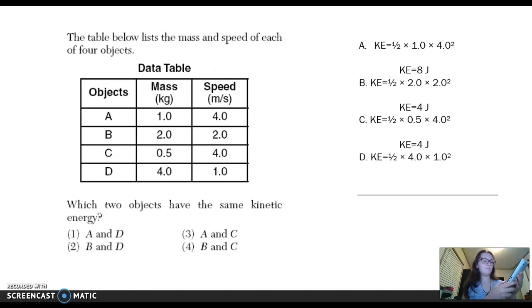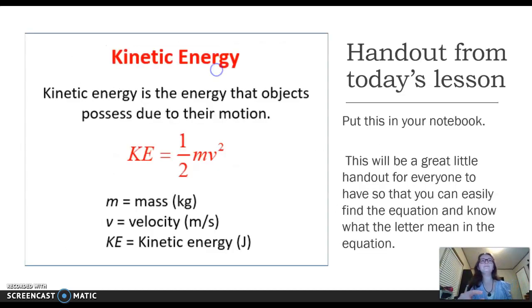And then for the last one, it's 1/2 times 4 times 1 squared, which will give us 2. So looking at the kinetic energies, 2 of them have the same kinetic energy. It looks like it's B and C, which is the 4th answer on this chart. That's right, B and C.